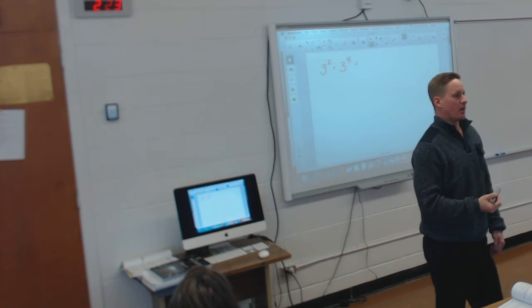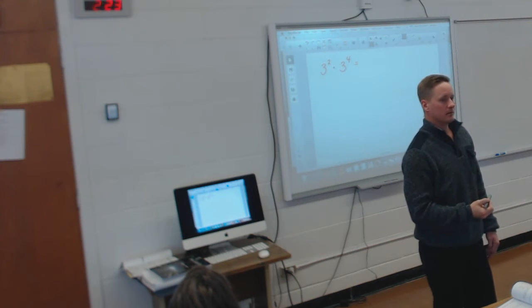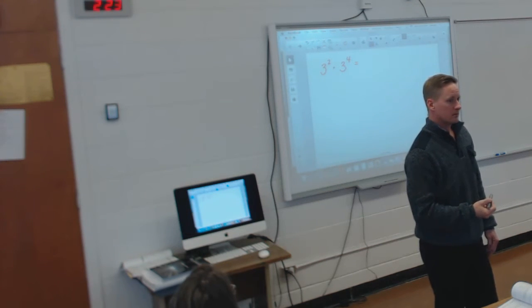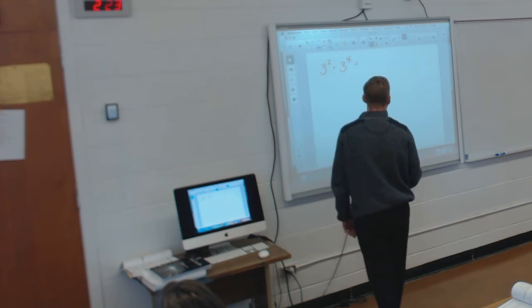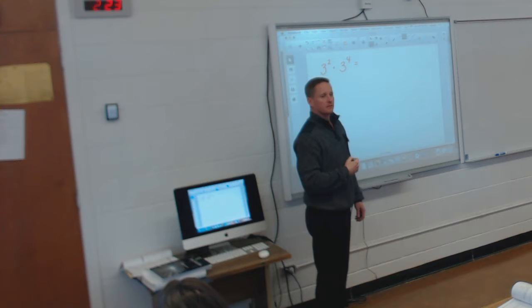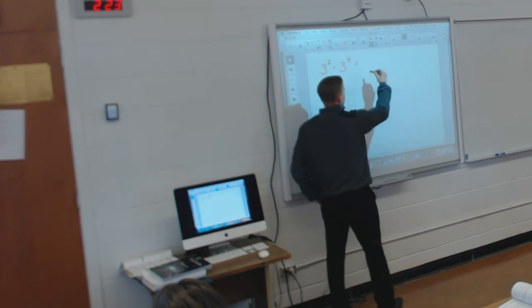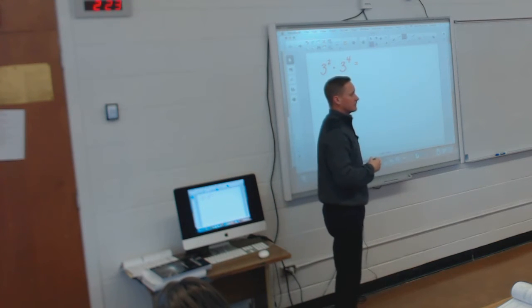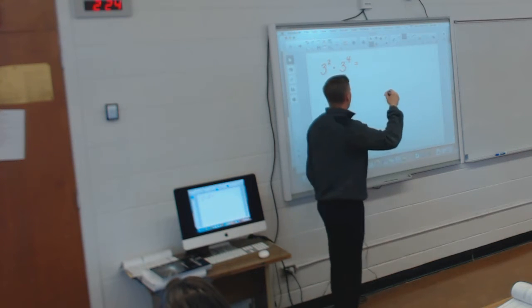what do I do with the exponents here? Don't you add the exponents? Yeah, I think so. Maybe subtract. Okay, so what do you think this is then? 3 to the power of 6. Do we agree or disagree with that? How many of us don't have a clue? Fair enough.